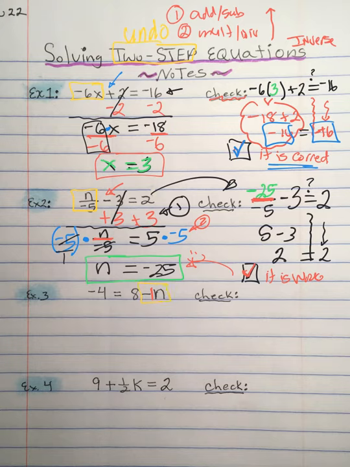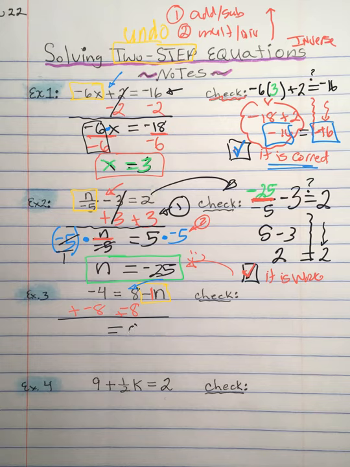So we have to undo the 8. So we have to undo that you're adding 8. So we're going to undo 8 by subtracting 8 or adding a -8, whichever way you want to look at it. Because our goal, right, this is 0.